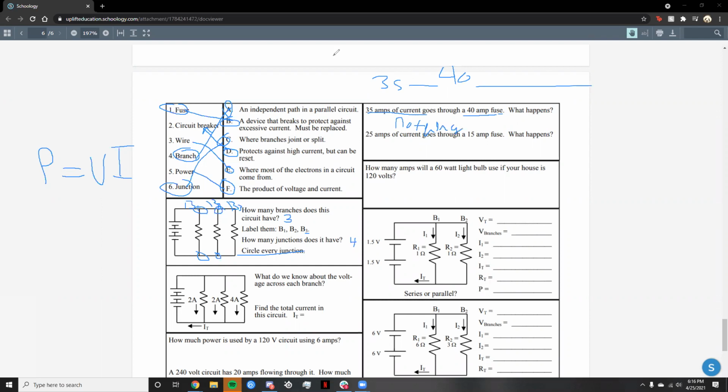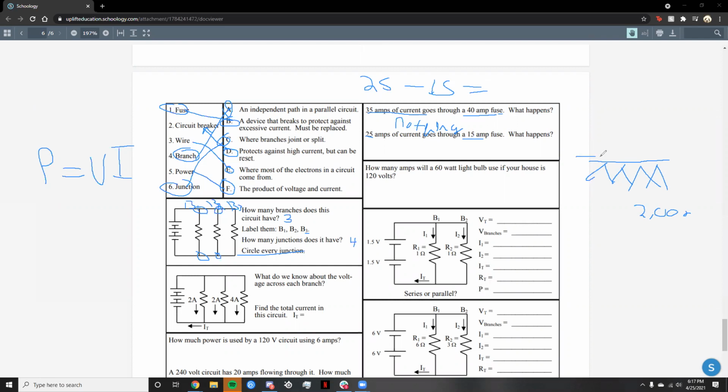Now what happens with 25 amps going through a 15 amp fuse? It's going to break. It's like going through a bridge. Let's say the bridge can hold up to 2,000 pounds. Anything over 2,000 pounds will break it.